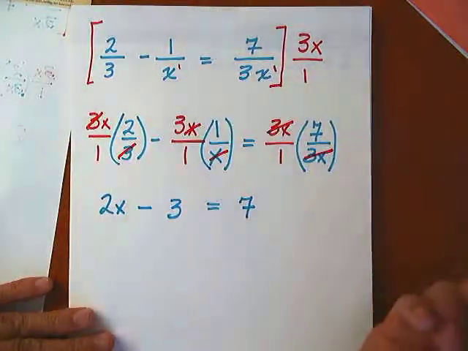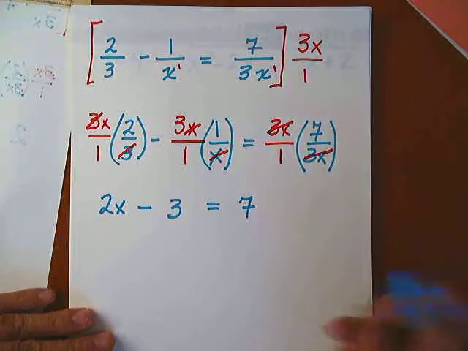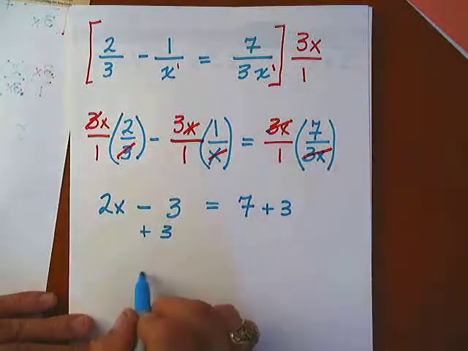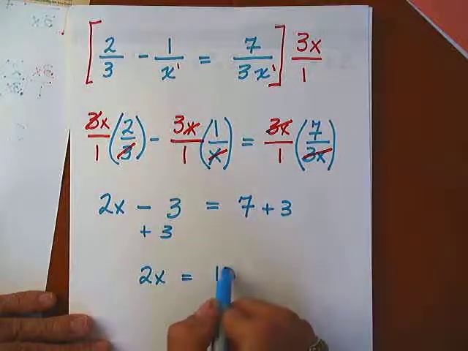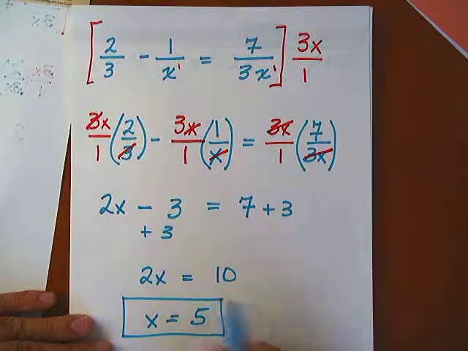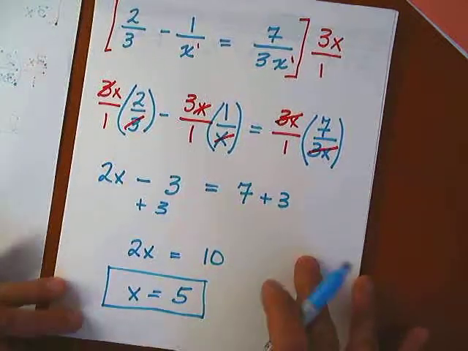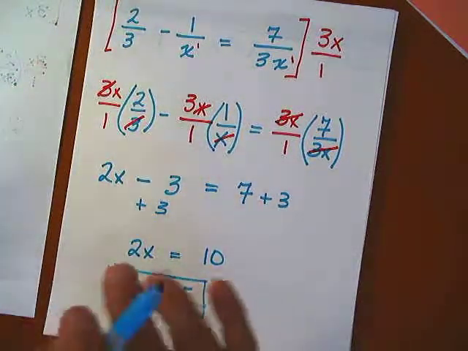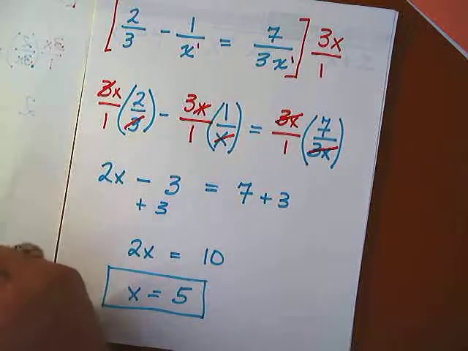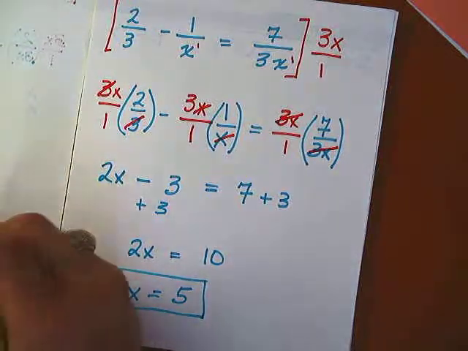And that leaves you with 7. Now, I don't know about you, but I believe this is a whole lot easier to work with than this. Add 3. 2x is equal to 10. X is equal to 5. And of course, we have to plug and chug to check.